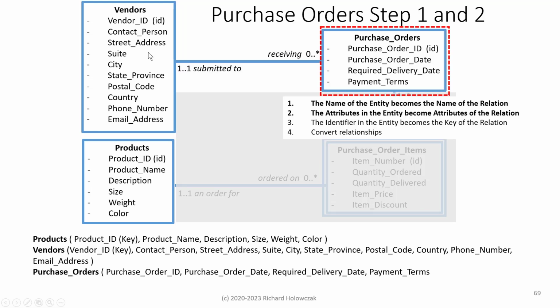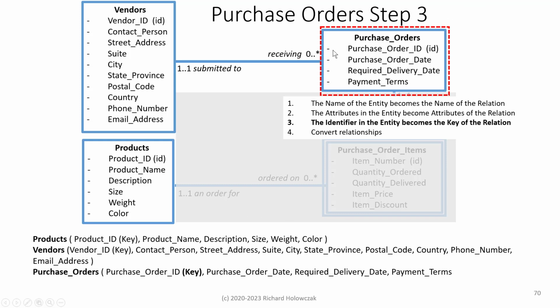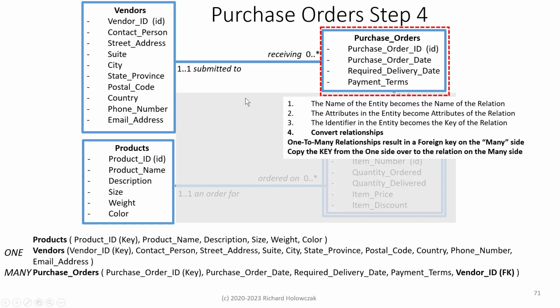Because we've finished vendors, now we can move over to purchase orders. And again, I've done a couple of steps here. The name of the entity becomes the name of the relation. We've copied in all of the attributes. Step 3, the identifier purchase order ID becomes the key for the purchase orders relation. And now for step 4, we have to pay attention.